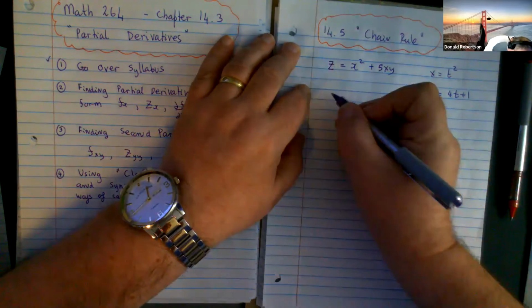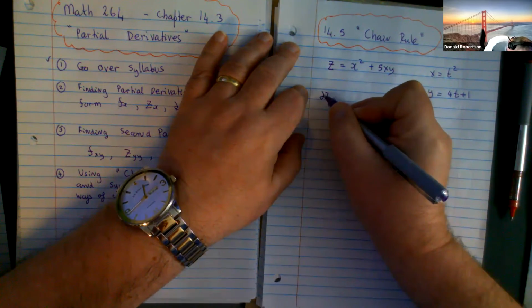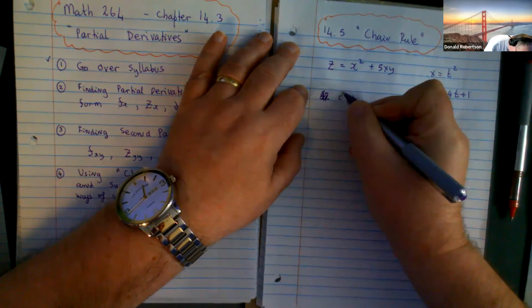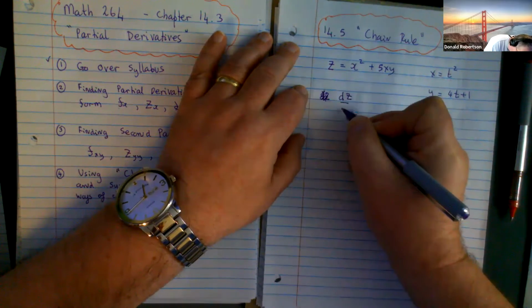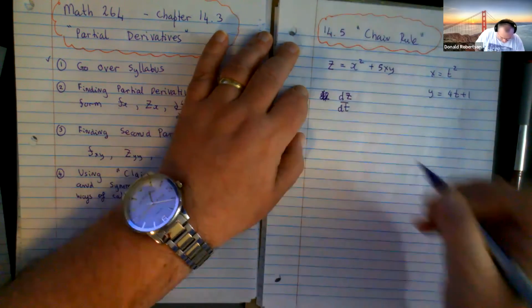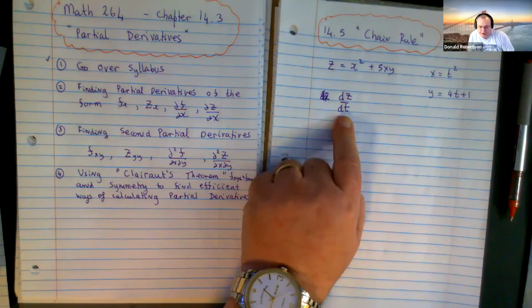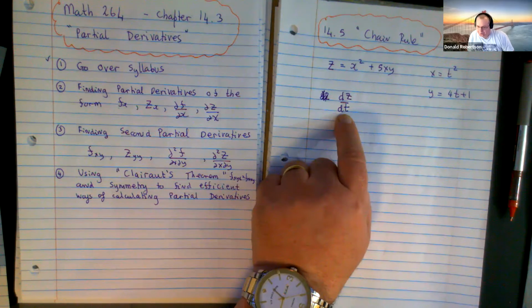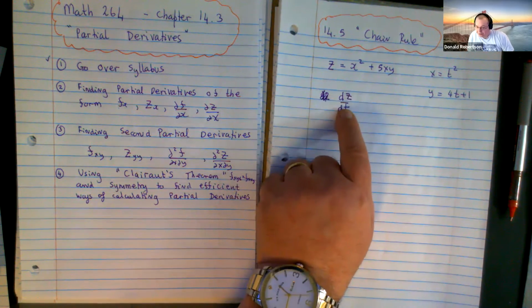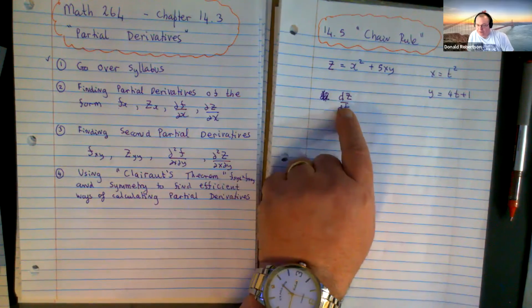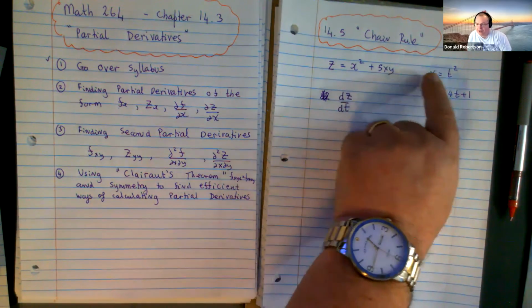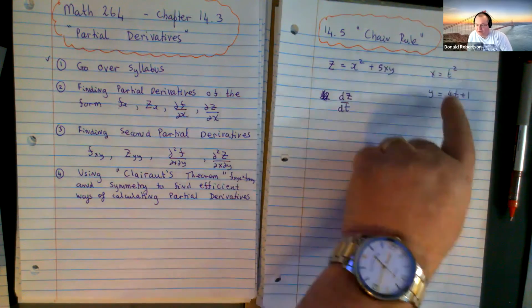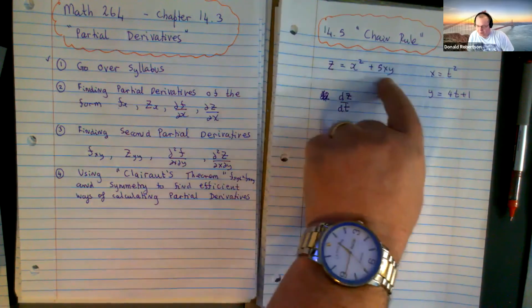Now, if you want to find the derivative of this, the only question you're likely to be asked is find dz by dt. And it's a proper derivative, and the reason is, couldn't you turn all the x's and y's into t's and just differentiate the old-fashioned way?